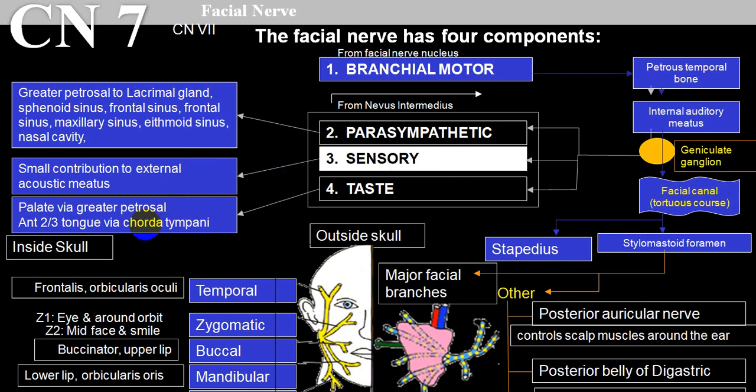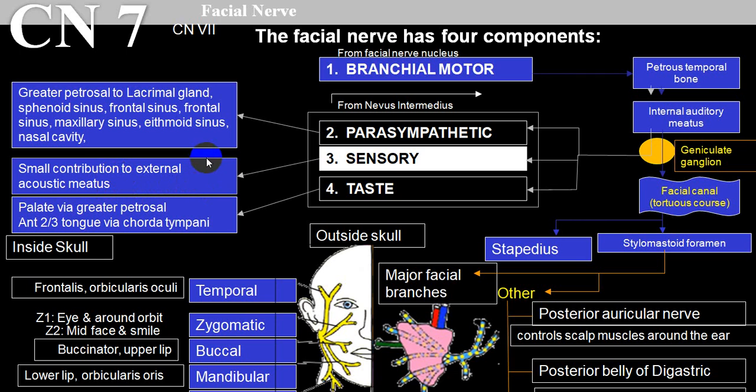And in the mandibular division there is a lingual branch, it will be combining with that, and with that it will be supplying the anterior 2/3 of the tongue. This will be the special taste sensation, and it will also be giving rise to a small contribution to the external acoustic meatus.